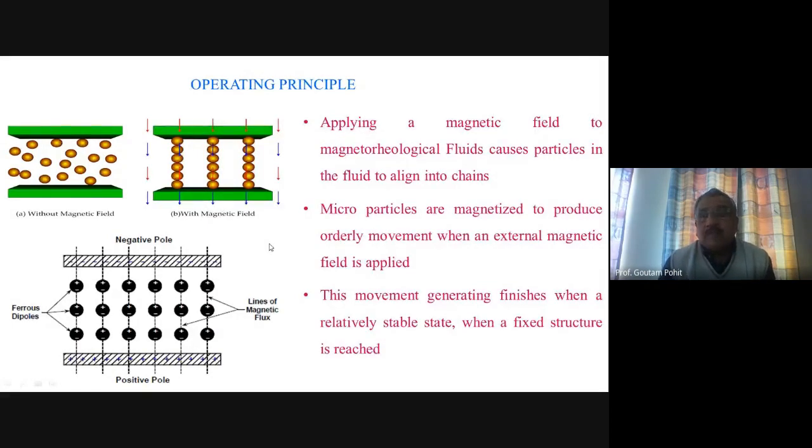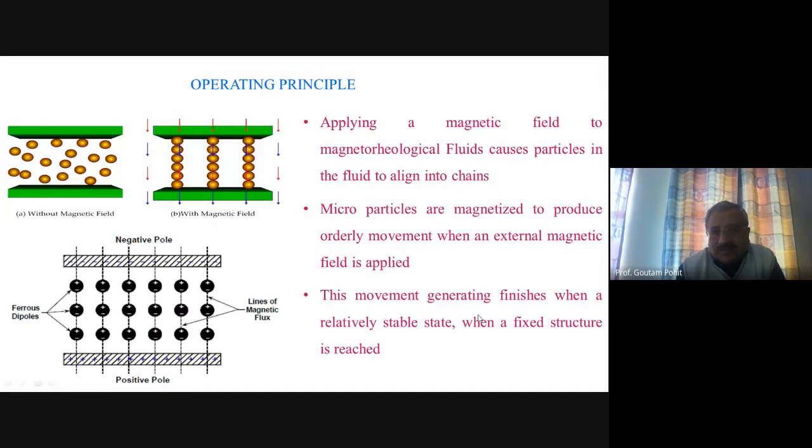Applying a magnetic field to the magnetorheological fluid causes particles in the fluid to align into chains. Microparticles are magnetized to produce orderly movement when an external magnetic field is applied. This movement finishes when a relatively stable state, a fixed structure, is reached.